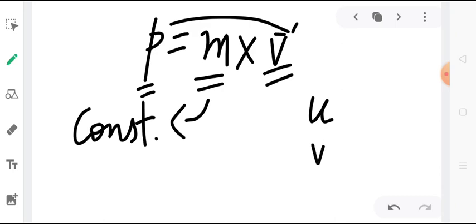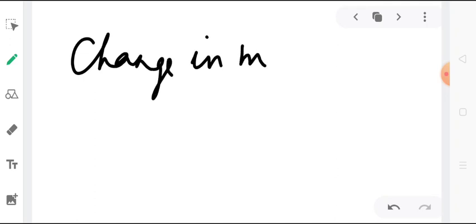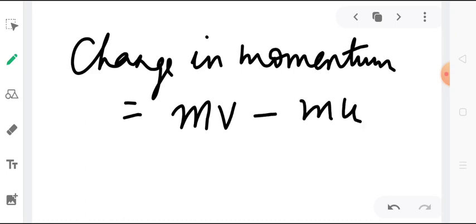This means the velocity of the body is u when time is equal to 0, and velocity becomes v when time becomes t. So now change in momentum will be equal to final momentum minus initial momentum. This will be the formula for change in momentum.